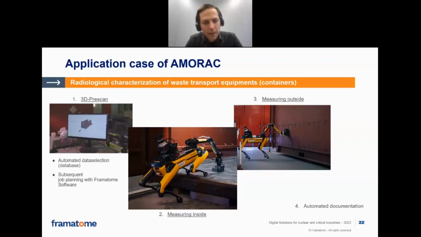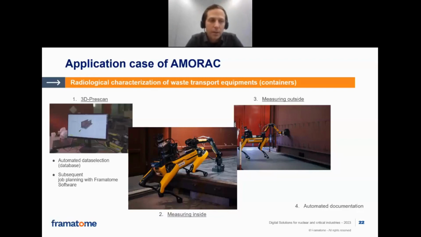Here I collected a small roadmap of how it works, and what's special here. I talked about walls, floors and ceilings, but now we do the same measurement for a 20-foot container, so for transport equipment. It's feasible because it's the same measurement type for clearance in this case.